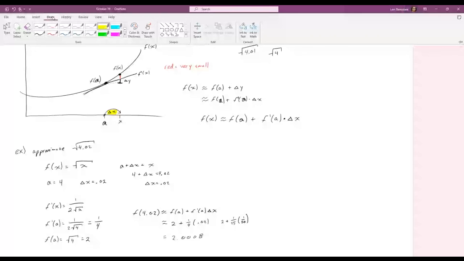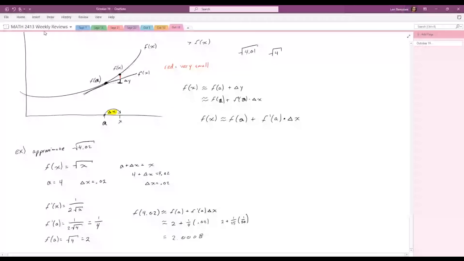With differentials, we're saying, well, I know that I'm really close to a point that I do know, so I'm going to use the value that I do know and then use my derivative to make this tangent line approximation for my unknown value. So have you done tangent line approximations before?